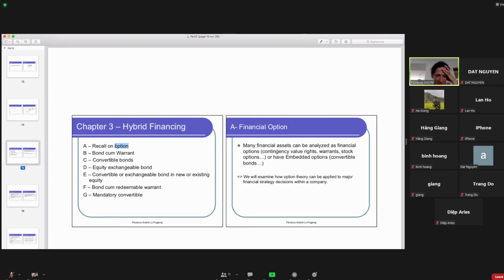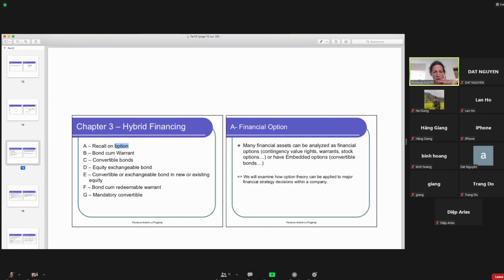This kind of financing generates a very high level of flexibility for the company, which may be very useful, especially when uncertainty is very high. This flexibility is generated by embedded options.